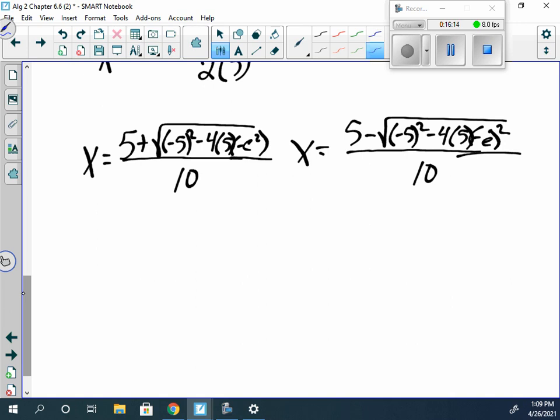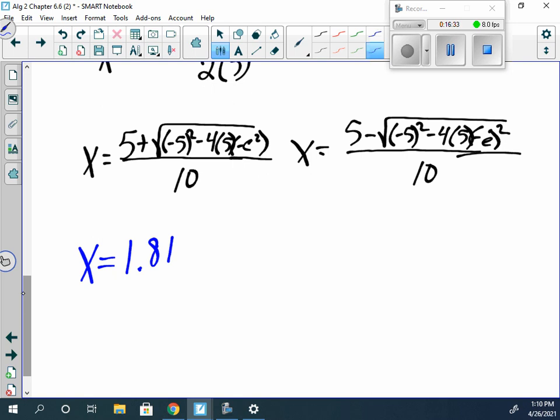If we typed all this in, we would get that x is equal to 1.8144 going on. And if we went to the nearest hundredth, 1.81 would be the answer.